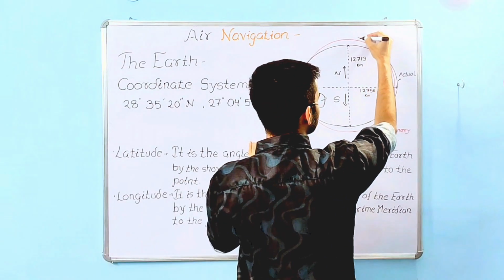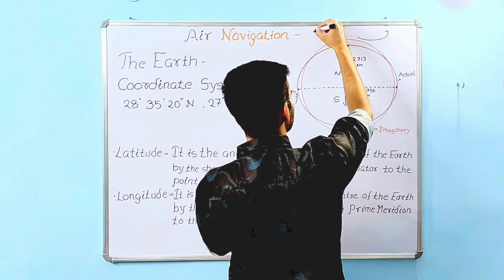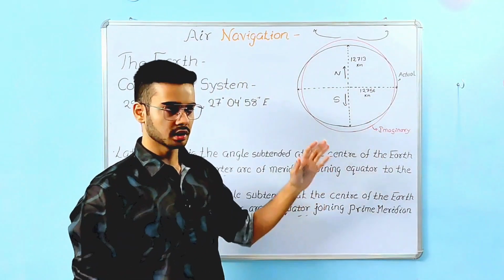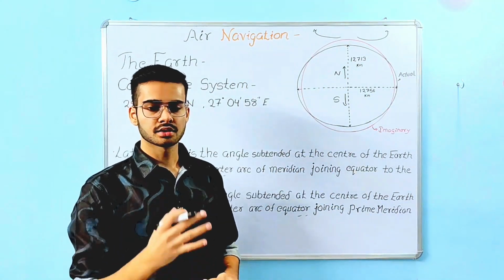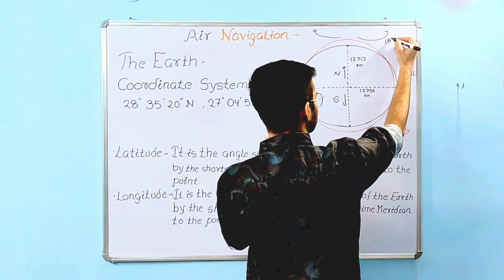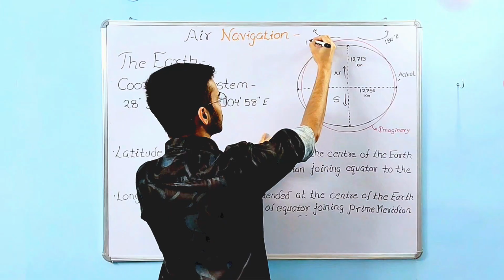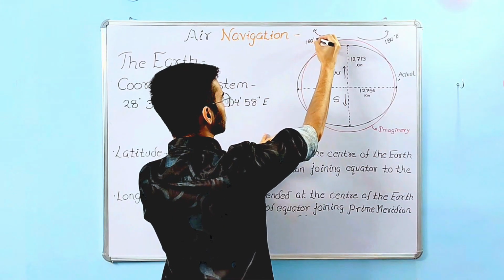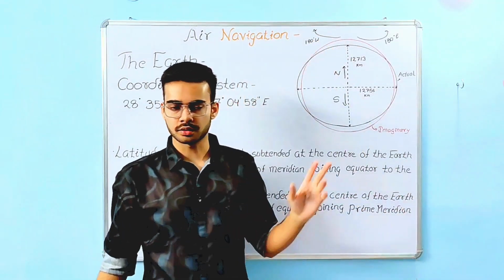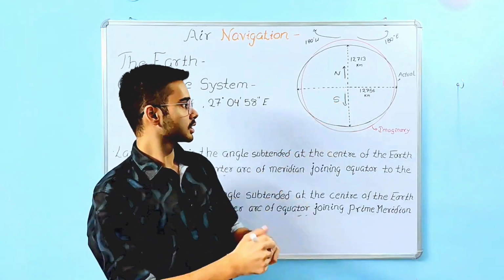If we look east and west of the prime meridian, there is a 180-degree limit. So you can go 180 degrees east or 180 degrees west of the prime meridian.